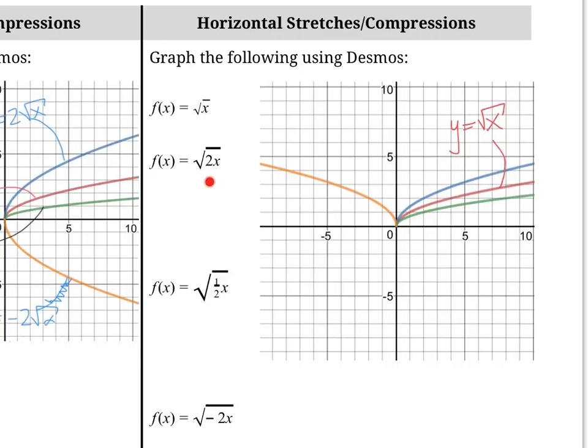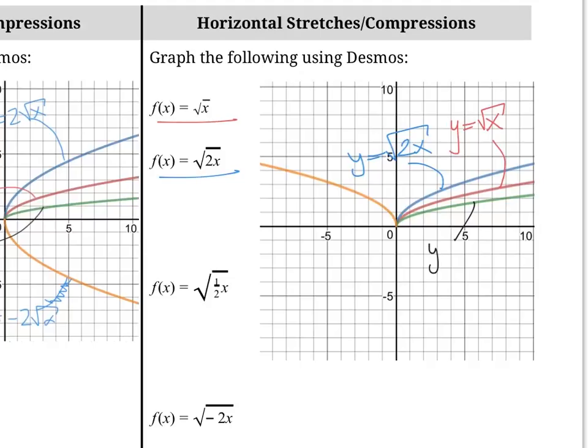When you graphed this guy over here, you got this blue graph right here. So let's label this guy. This was y equals square root of 2x. So that was this one. That was the red guy. And when you graphed this guy here, where you're multiplying this x variable by a half, we got this green graph over here. So we'll label that one.